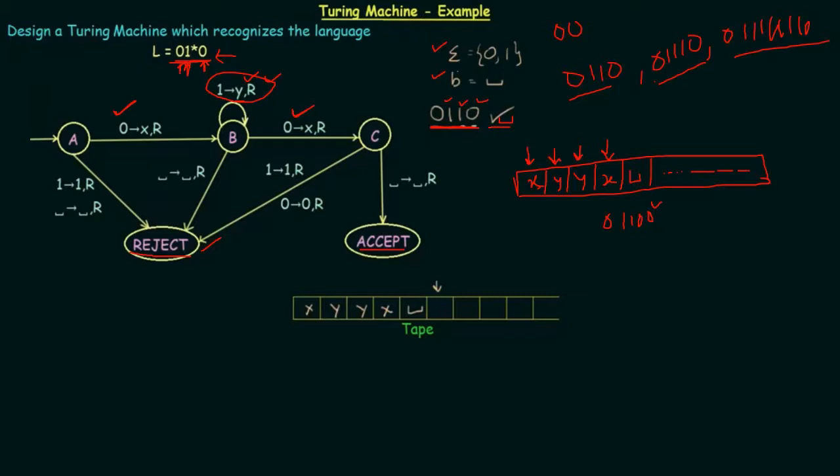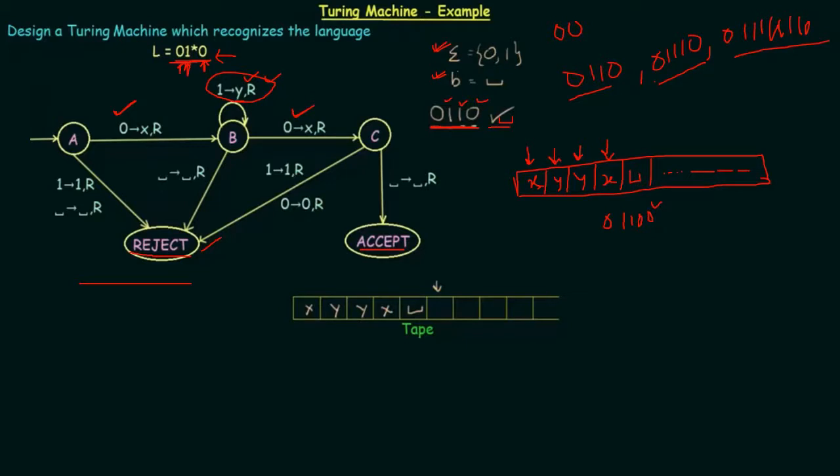Now we said that this is the control portion of the Turing machine, and we also said that it is deterministic. If it is deterministic, that means each of the states is going to have a transition for every symbol. So what are the symbols we have? 0, 1 and blank.